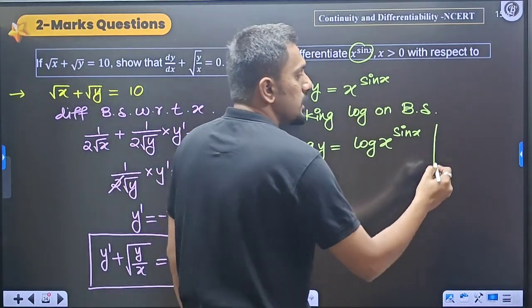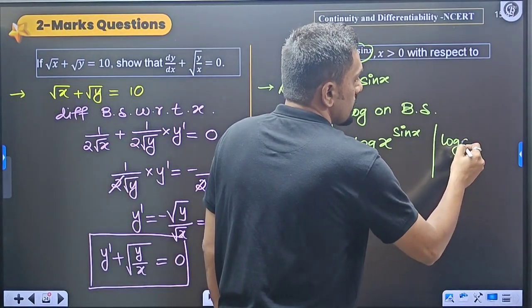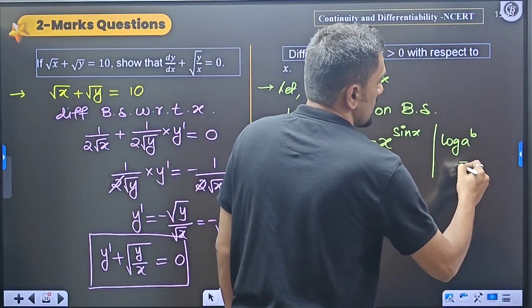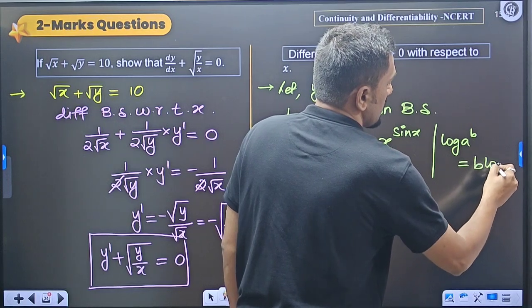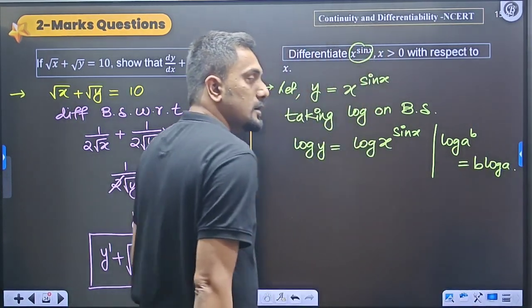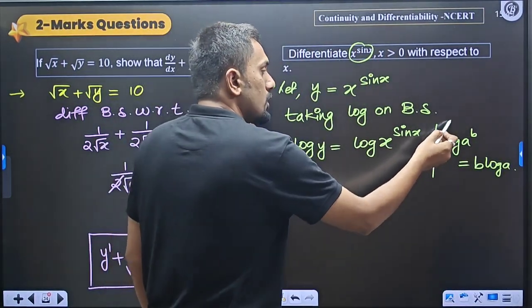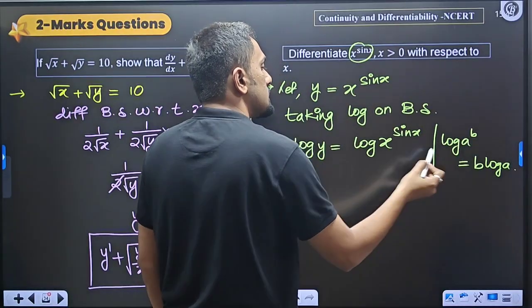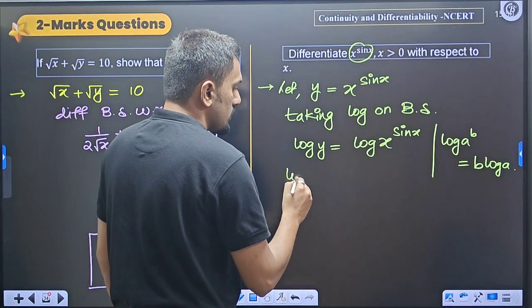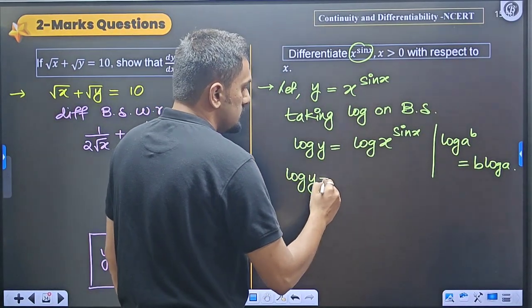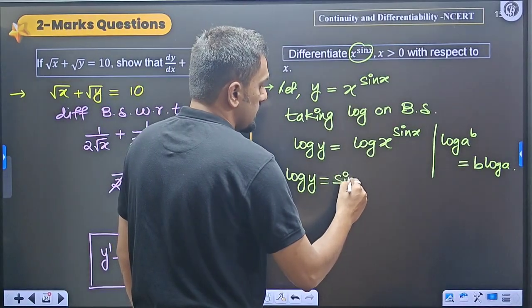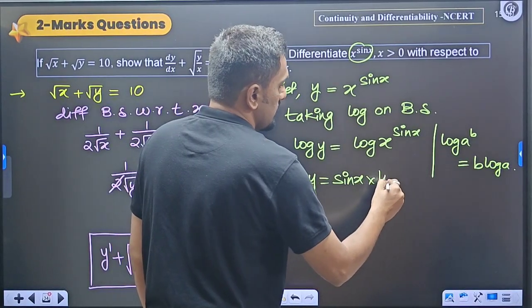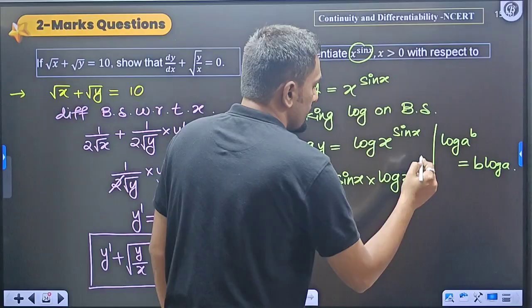See, we know that log of a raised to b is equal to b into log a. So using that formula, that rule, log y is equal to sin x multiplied by log x.